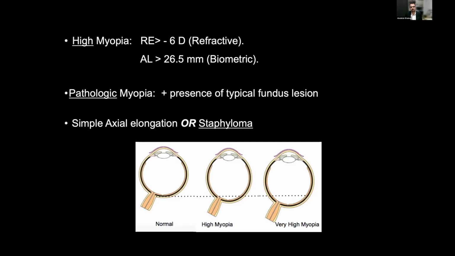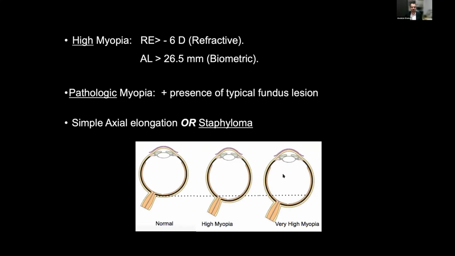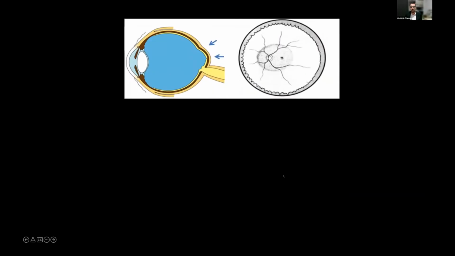Also, in high myopia there are two types. Ones which are just a very simple elongation of the globe, but some of those may develop staphyloma. So not all high myopia cases have staphyloma.